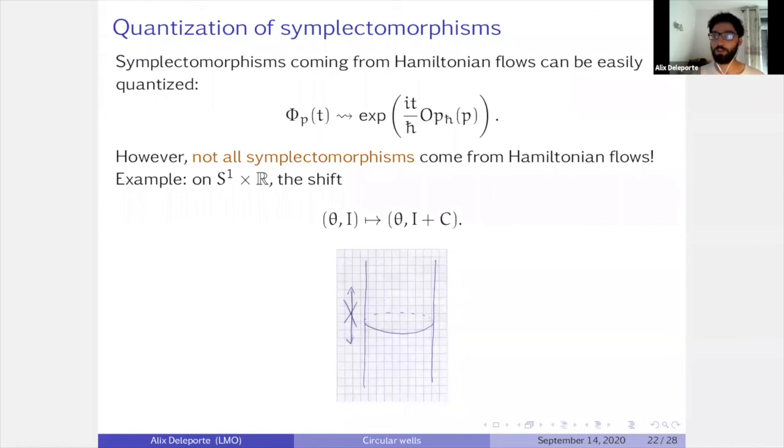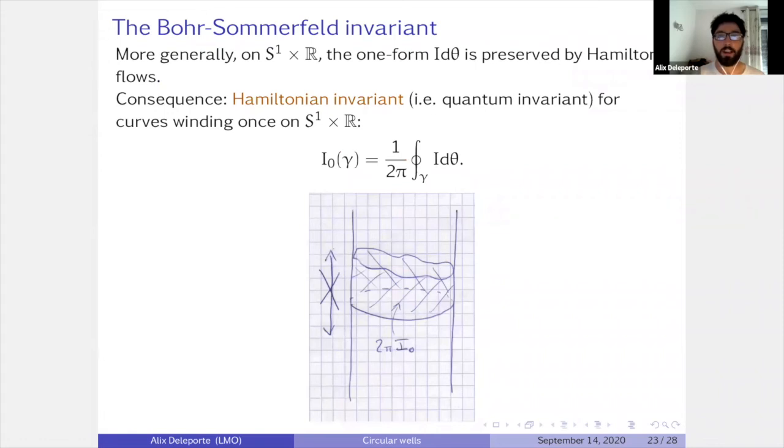In the quantum world, you cannot shift up and down your cylinder. More generally, the one-form I d theta, whose differential is the symplectic form, is preserved by any Hamiltonian flow, and in fact is going to be preserved by any symplectic change of variables which you can quantize.